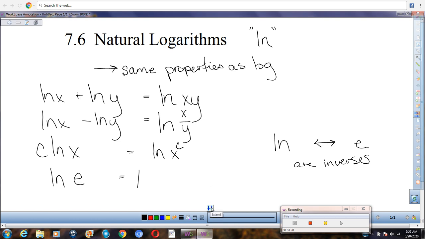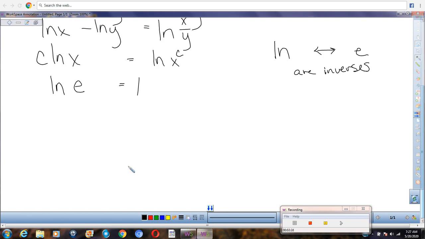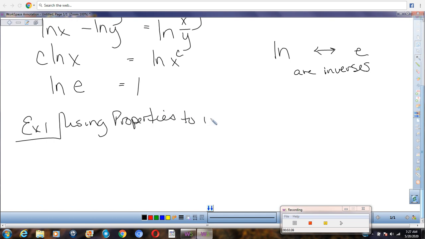So let's talk about condensing these down into one natural log. So in example number 1, we're using the properties to write as a single natural log.